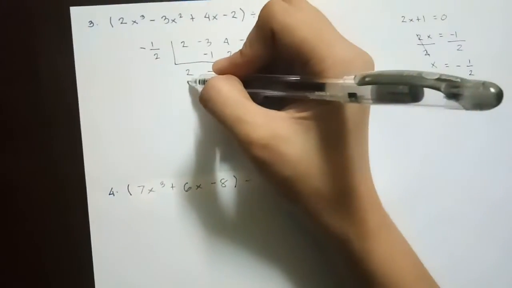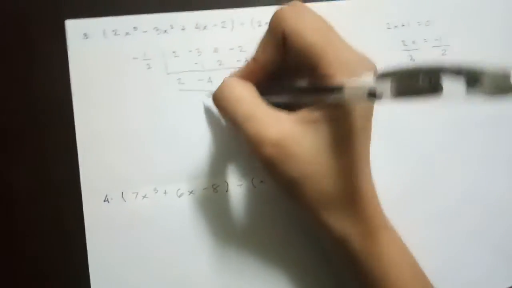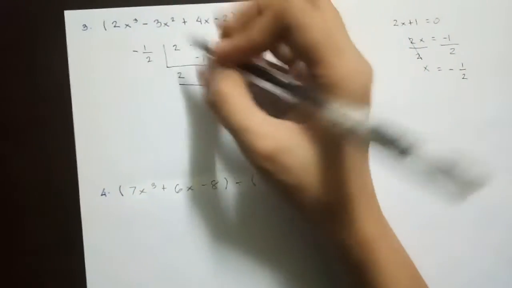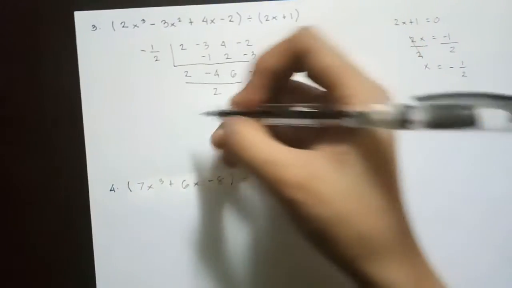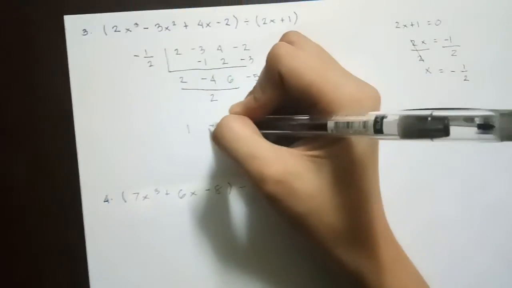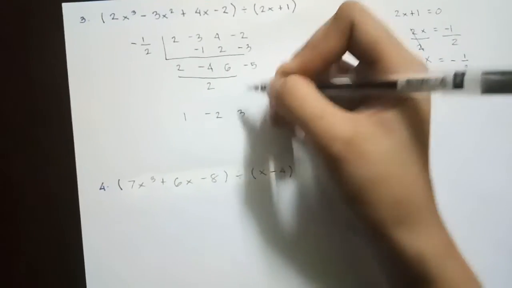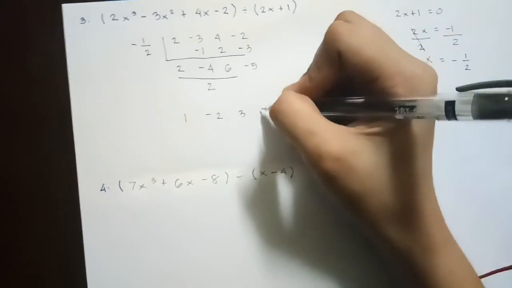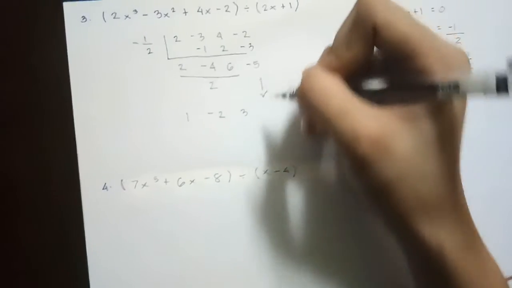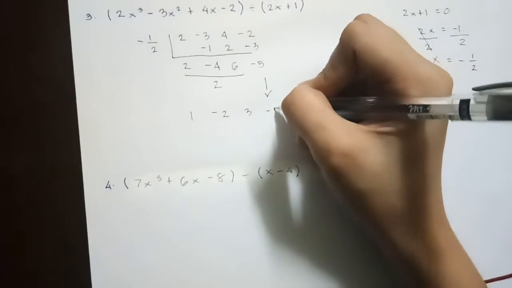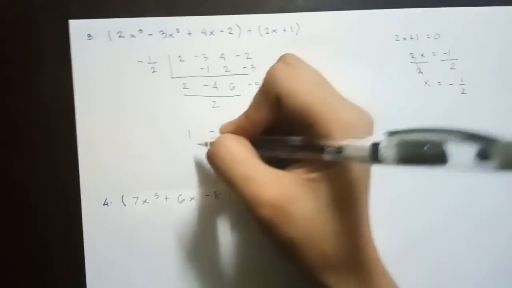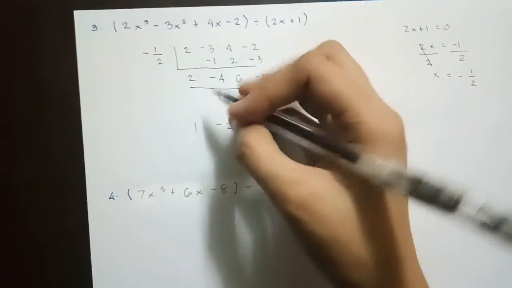So we'll divide these three coefficients by 2. So 1, negative 2, 3. Then bring down negative 5. So let's add our terms.